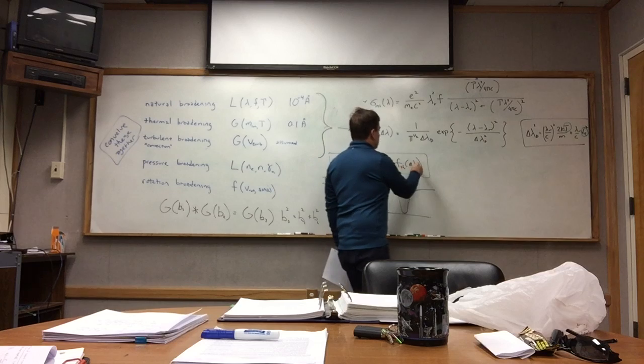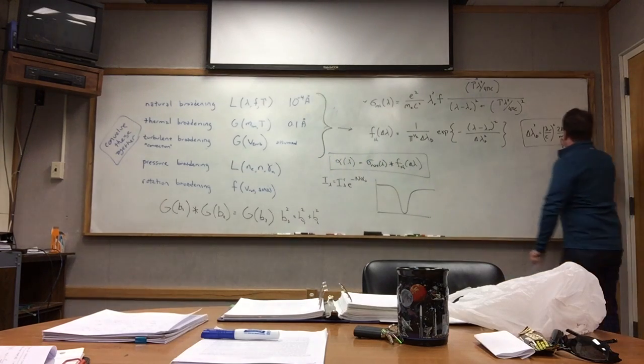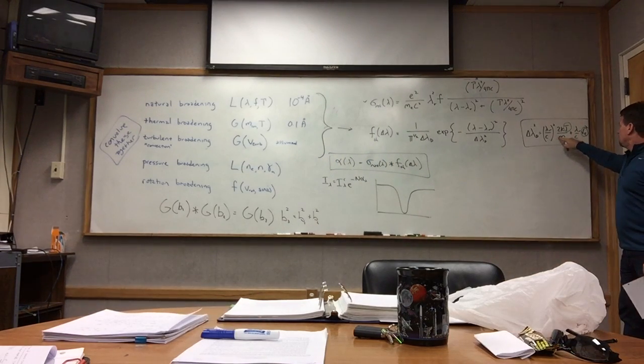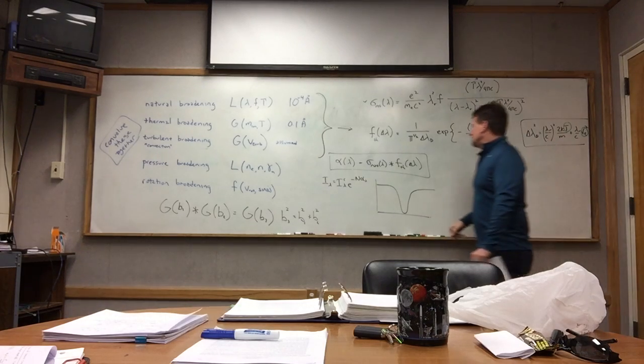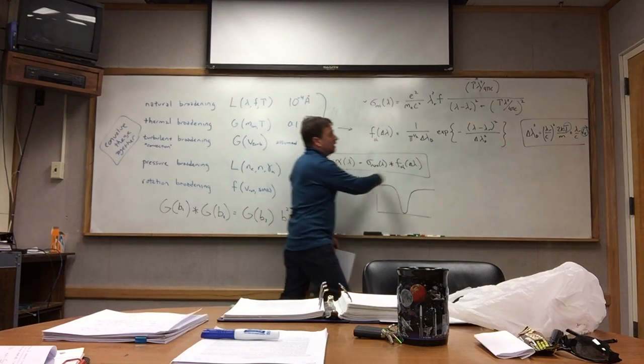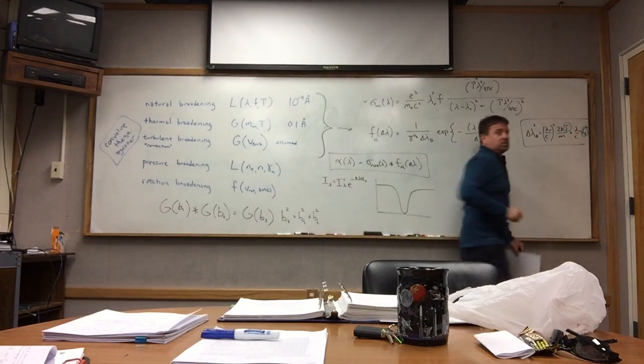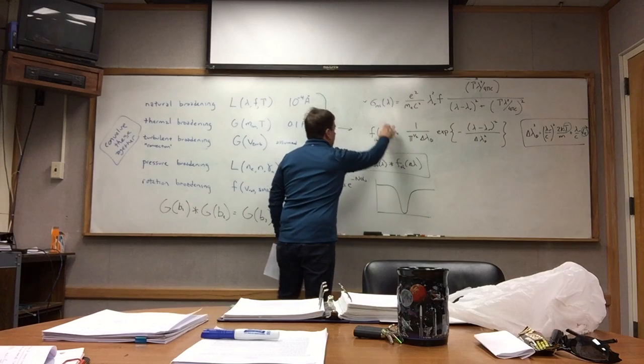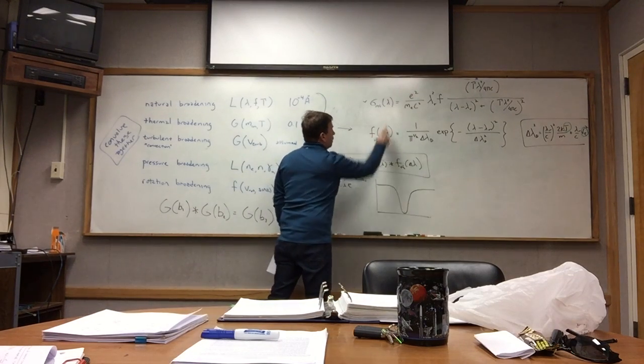Okay? Then you have this other function, which depends upon the mass of the hydrogen, some other physical constants like the central wavelength of the transition of H alpha, and you have two free parameters, T and V sub T.